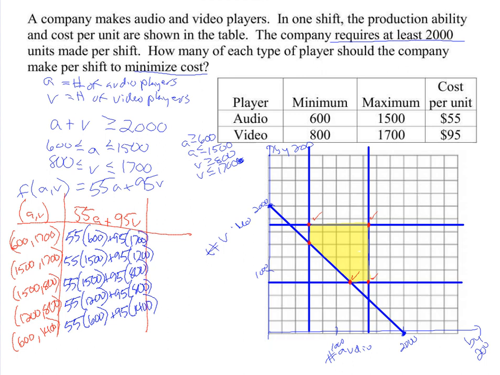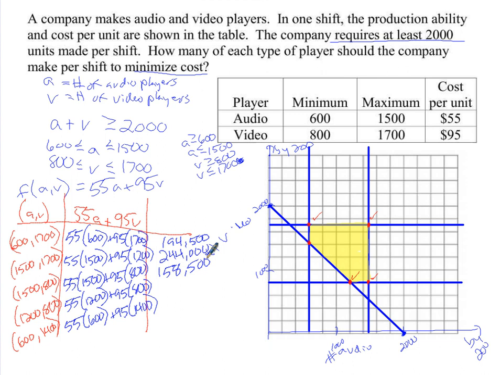Do we have some answers for 600, comma, 1700? 194,500. And the next one, 1500, comma, 1700? 244,000. And the next one? 158,500.